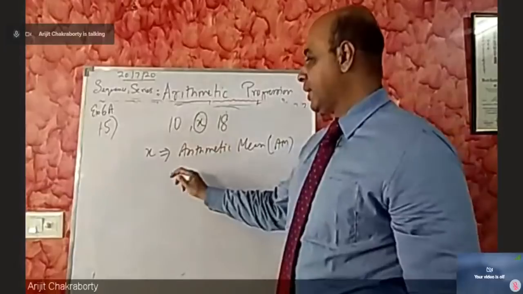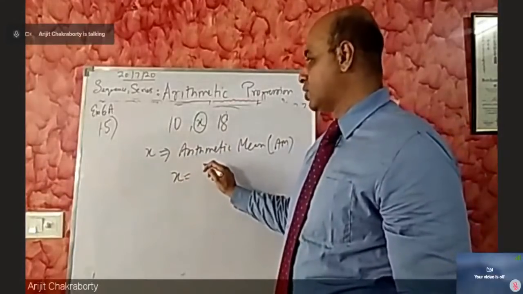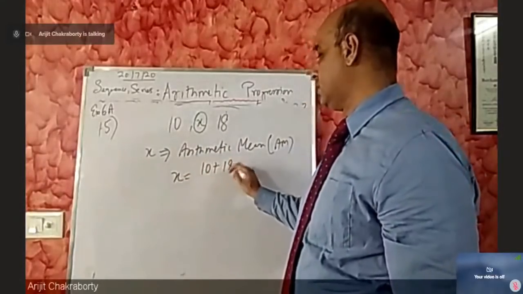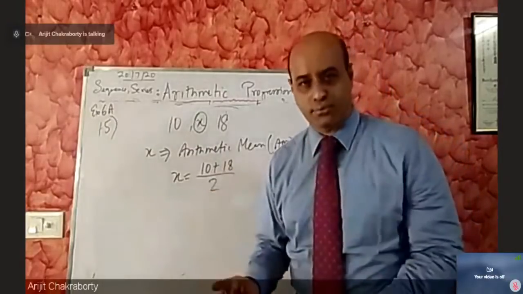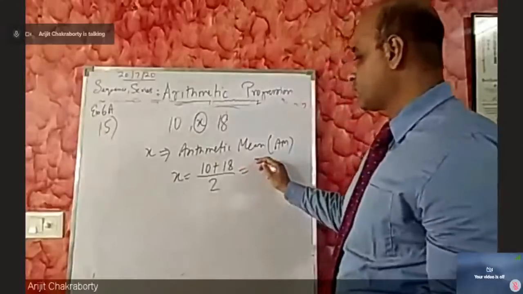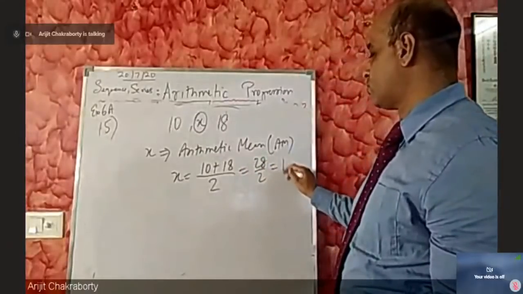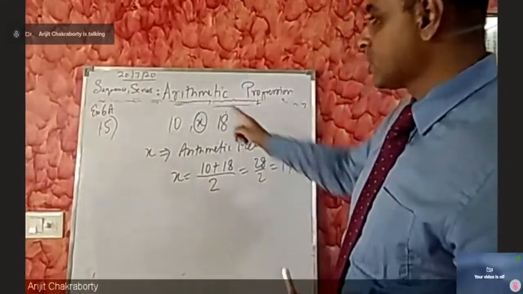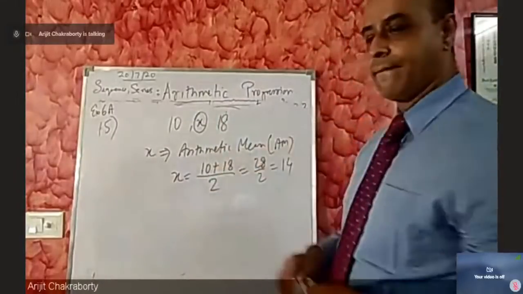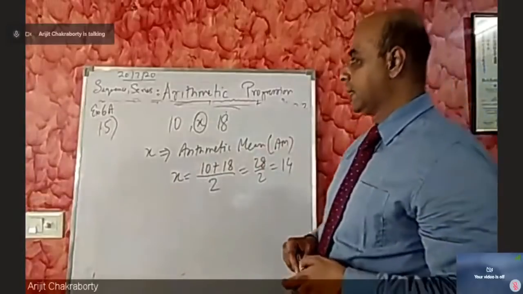Okay. So x will be equal to the average. Average means 10 plus 18 by 2. Okay, it will be half average. So this will be 28 by 2, that is 14. So this is the concept of arithmetic mean, right?